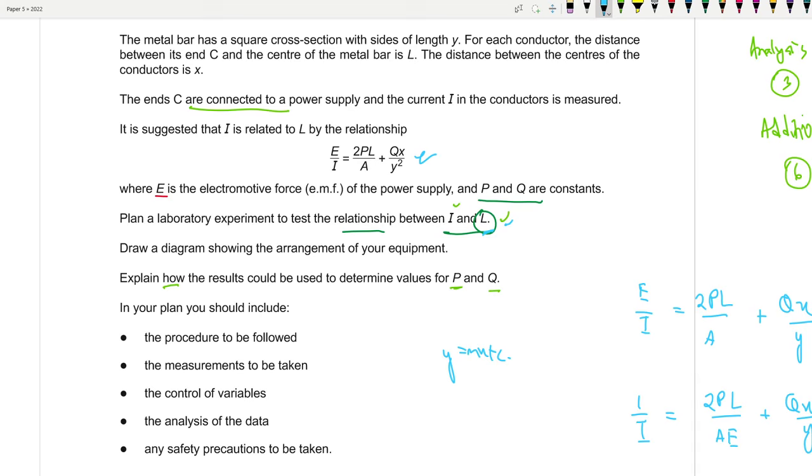Great. So we have to plot a graph of 1 by I against L, and the relationship will be valid if a straight line is produced that does not pass through the origin, since we have an intercept. That's the additional detail, and I usually write that in the analysis section. Then we need to tell them how we're going to find out P and Q, by using the gradient and the y-intercept.